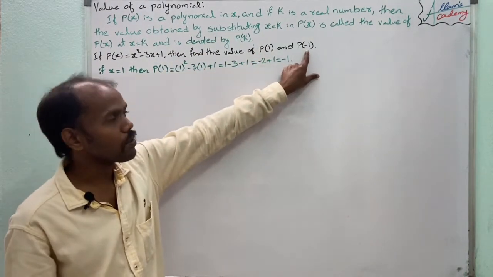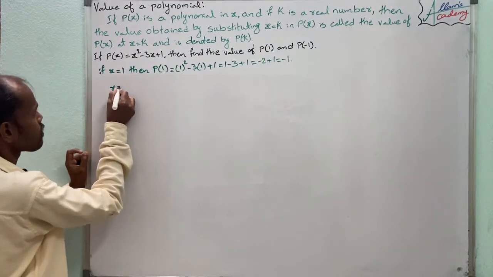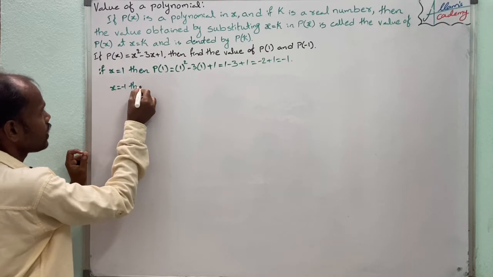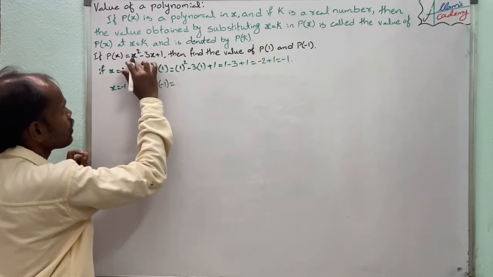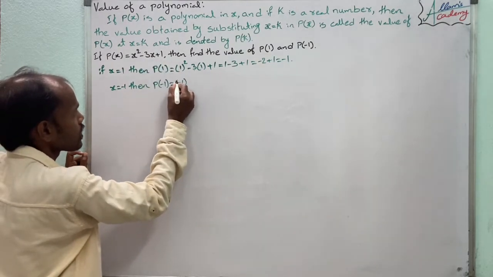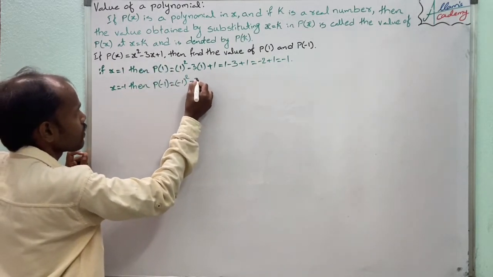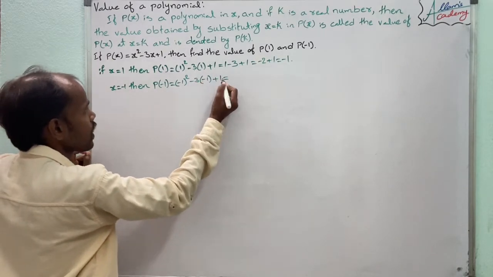Now the next one asked is p of minus 1. That means in the place of x we have to substitute minus 1. Then p of minus 1 equal to minus 1 whole square minus 3 into minus 1 plus 1.